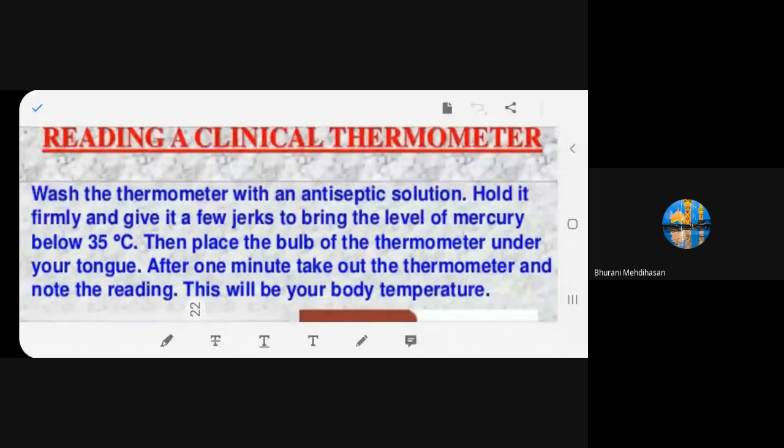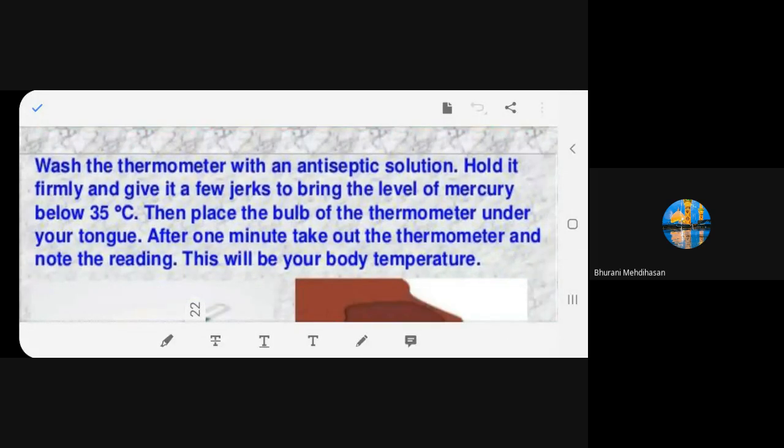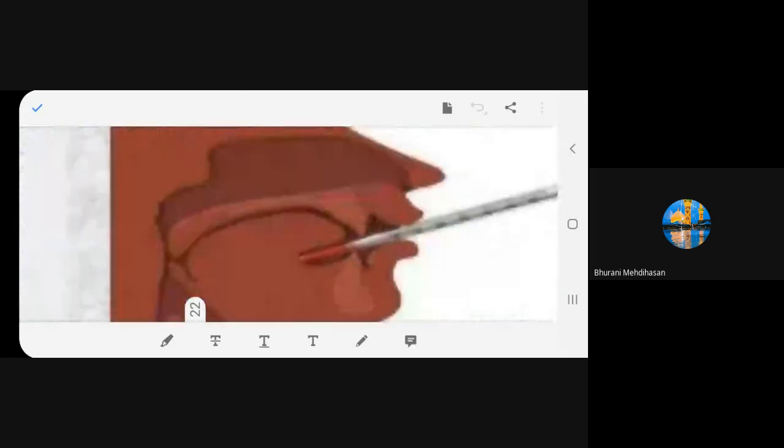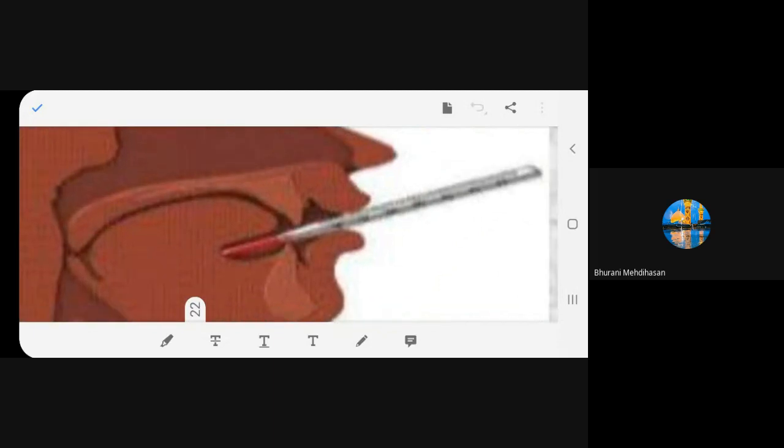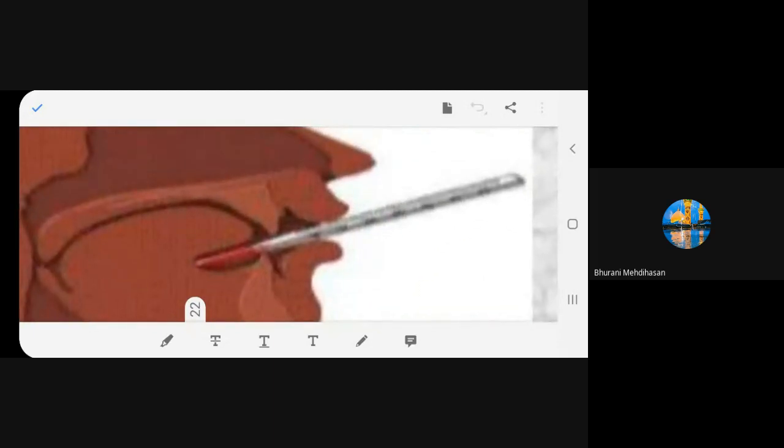And this reading will be your body temperature. So you get your body temperature by putting it in your mouth under your tongue. Any problem?